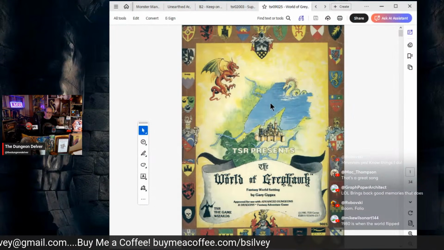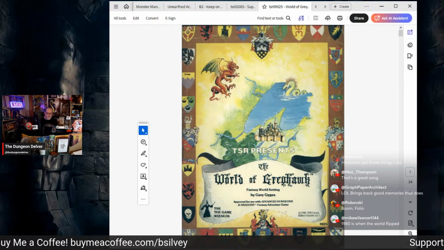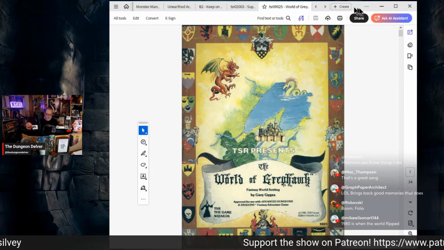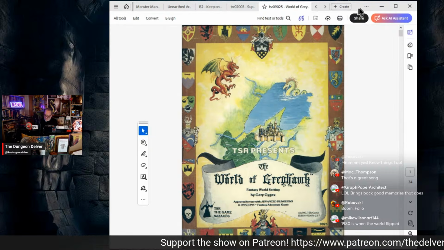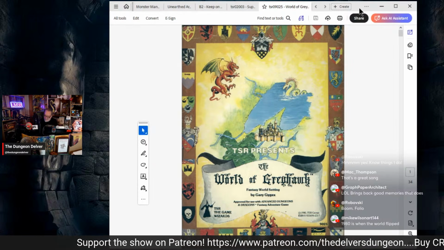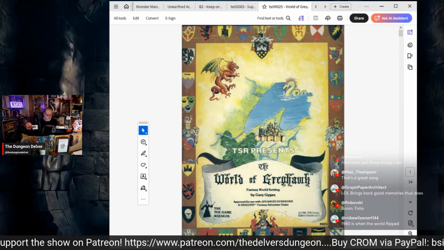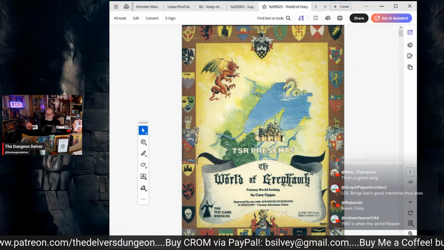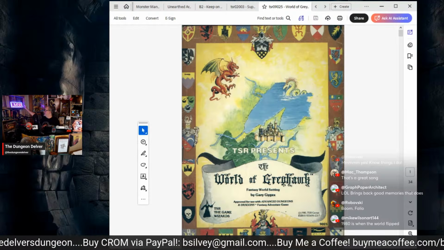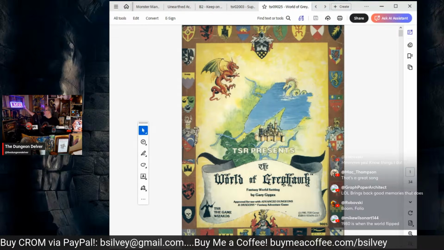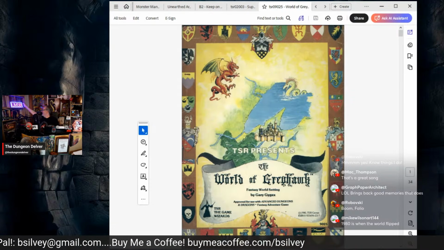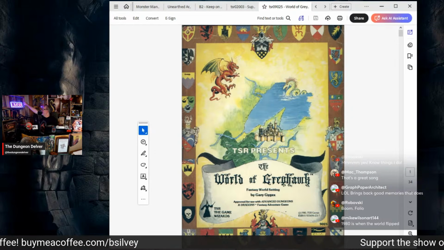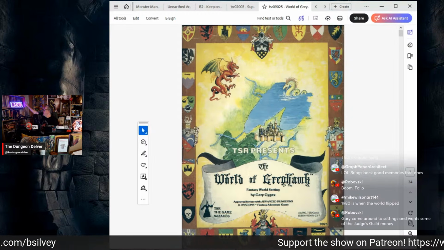The World of Greyhawk, the folio set, as it's commonly called now. The World of Greyhawk campaign setting. Imagine going in and seeing that on a store shelf. It's bigger than the modules. It's a folder.